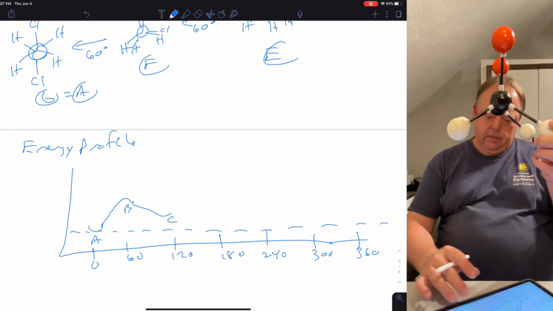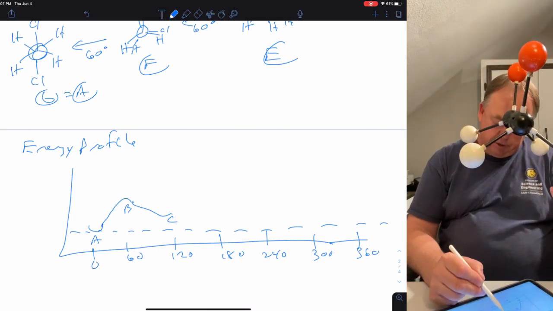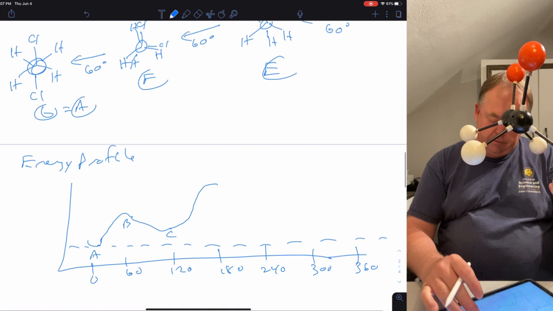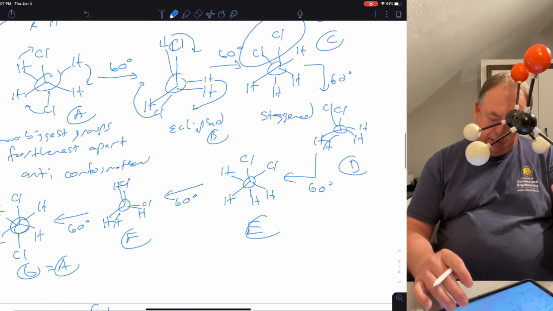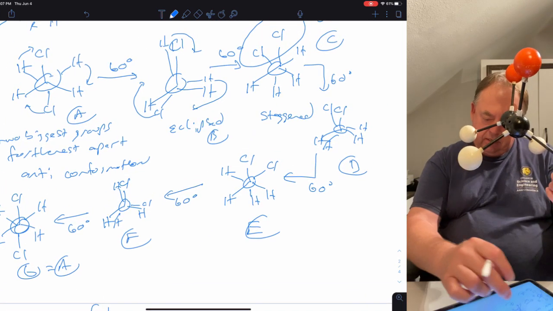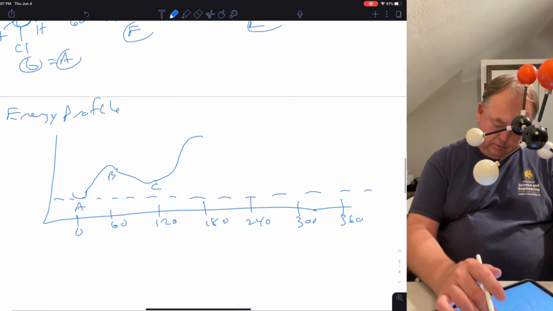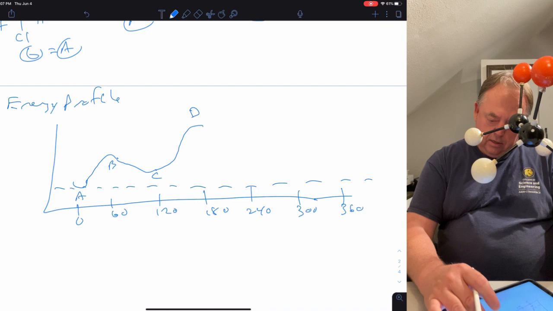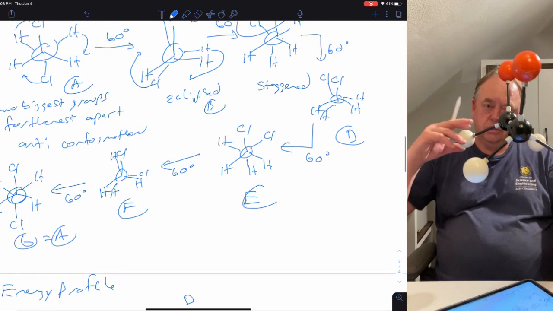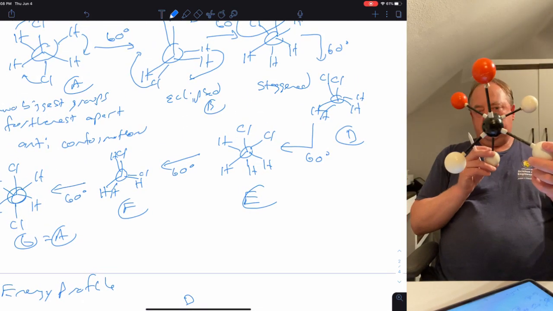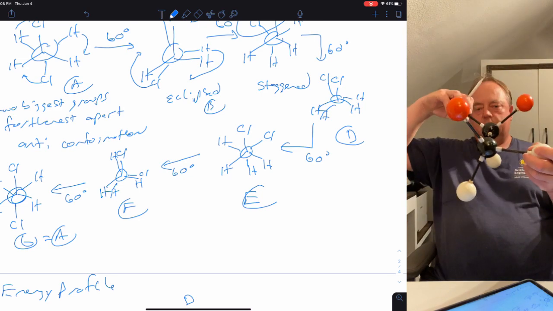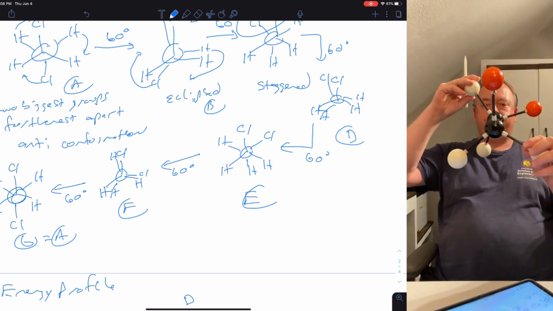And then when you go 60 more degrees, now the two chlorines are as close together as they could possibly be. So that's going to go back up in energy, and it's going to go up higher than B, right? So D is going to be higher in energy than B because the two chlorines are closest together. And then when you rotate 60 more degrees, that conformation is equal in energy to this conformation, right?